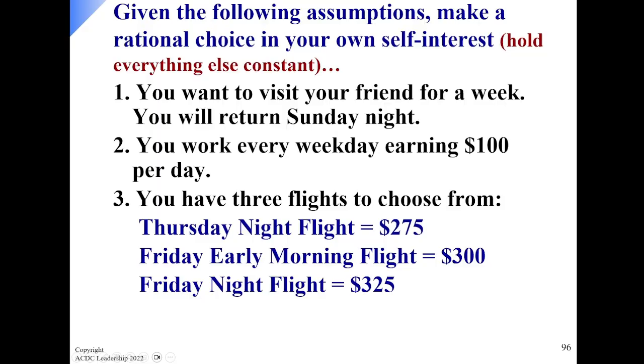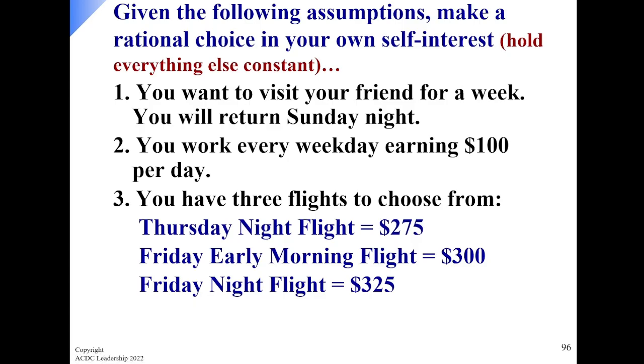On Friday, you could still only work for 4 days. So this is obviously worse off: 400 minus 300 is only $100 versus the 125 we got here. Versus the Friday night flight, if you take it, you can work your full 5 days, get the $500, and have a $175 benefit. But that just means less time you can spend with your friend.